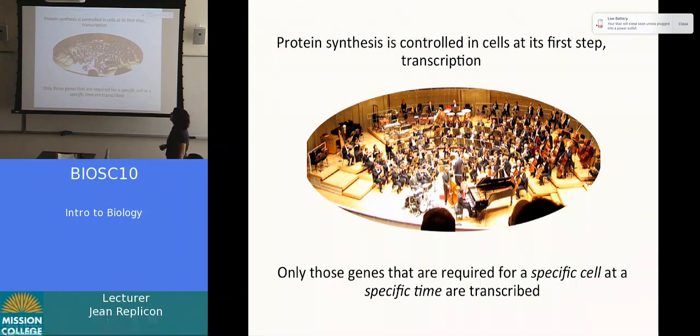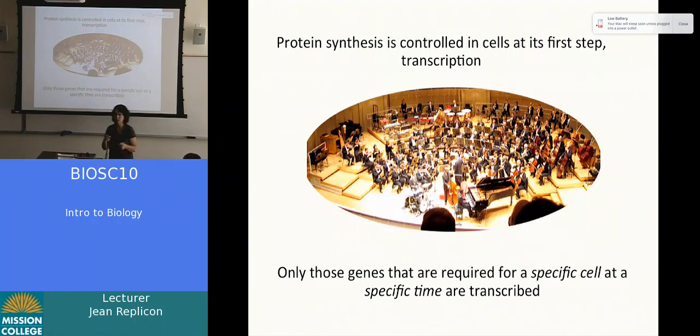And so it's controlled, as if there was a conductor. It's controlled so some things come on at a certain time and then they're not appropriate anymore, and other things will come on. And so it makes sense to control this before you even start on protein synthesis.